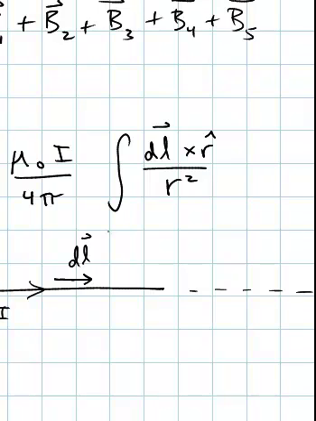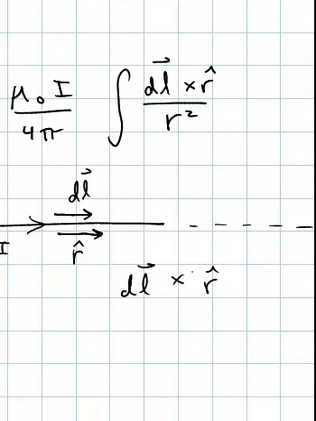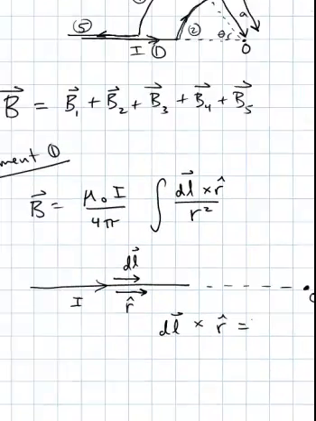So dl is some little chunk of current, and it's creating a magnetic field at point O. And so here's our r hat vector, it's going to point in that direction. And what we're interested in is dl cross r hat. And they point in the same direction. So you get a sine of 0 degrees.